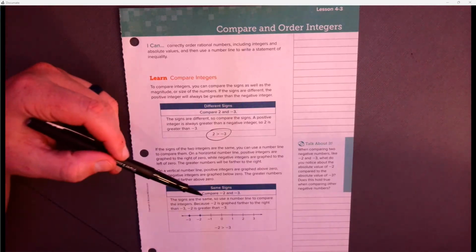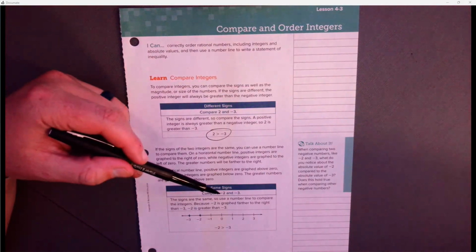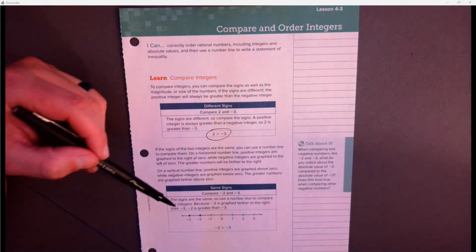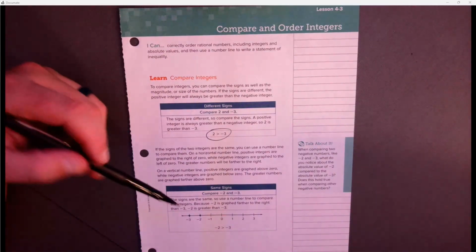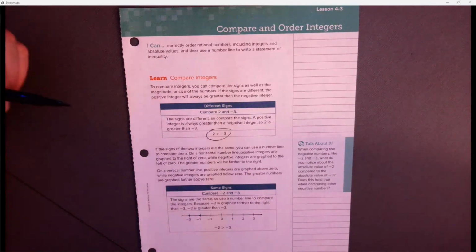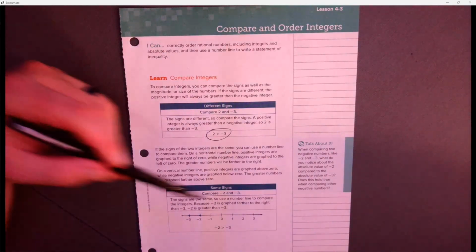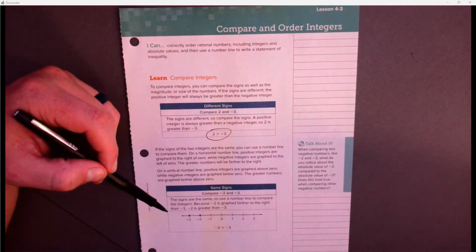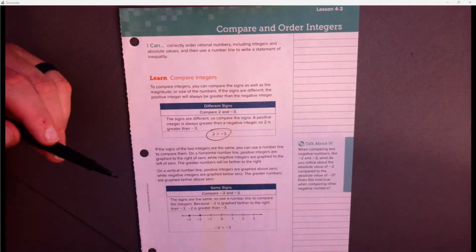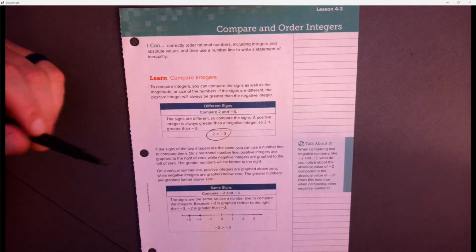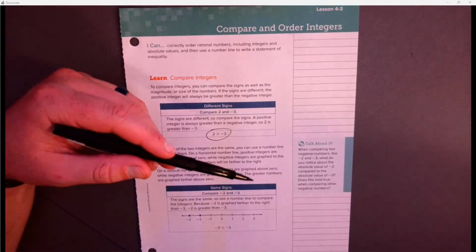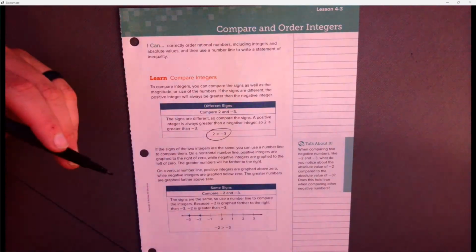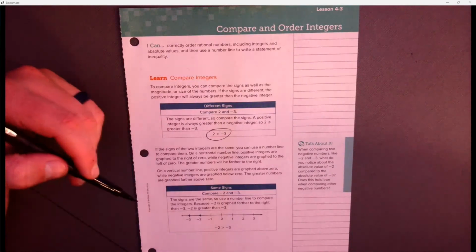So we're comparing integers with same signs, -2 and -3. The signs are the same, so we'll use a number line to compare the integers. Because -2 is graphed farther to the right than -3, -2 is greater than -3. So as they said above, numbers farther to the right are greater than numbers that are farther to the left.